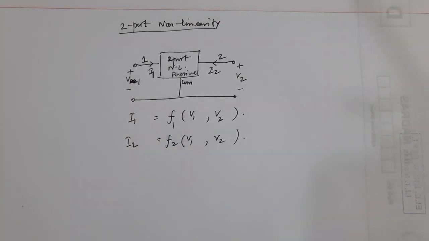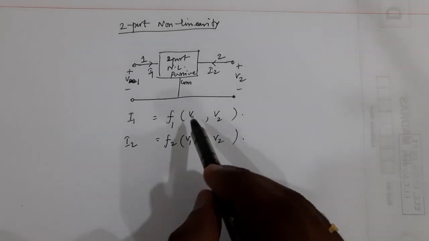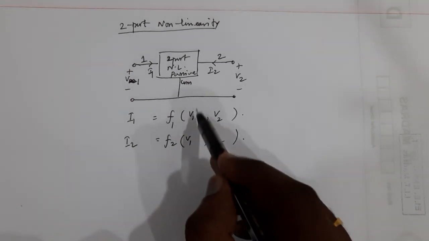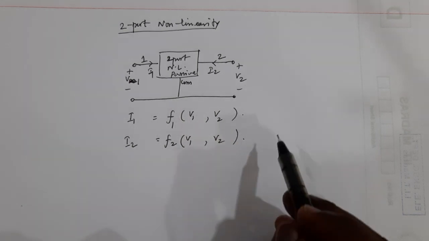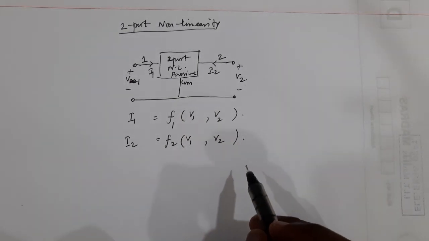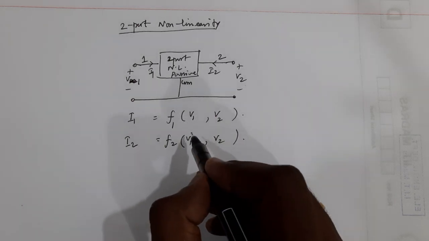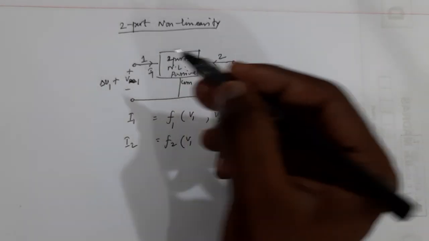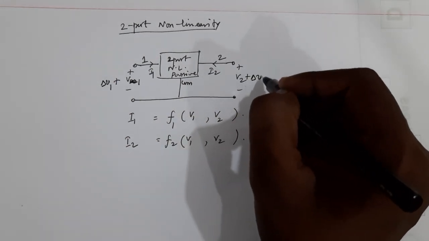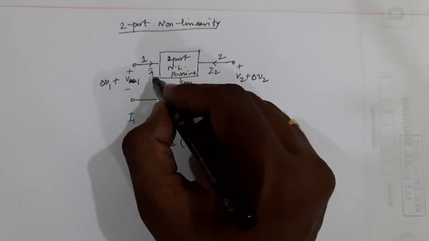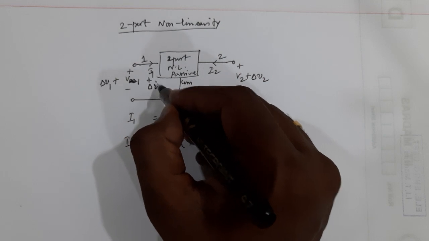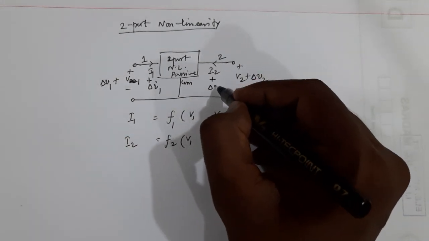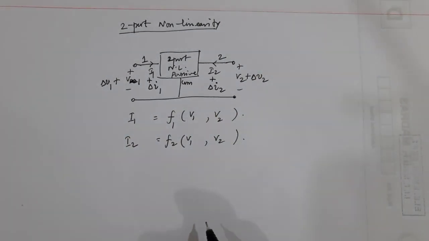Each of the currents at the ports can be defined by its own nonlinear function, and that nonlinear function will have independent variables v1 and v2. That is what it means. Now if I increase this port 1 voltage by delta v1 and port 2 voltage by delta v2, then I definitely can say this I1 will be increased by delta I1, this I2 will be increased by delta I2, right?